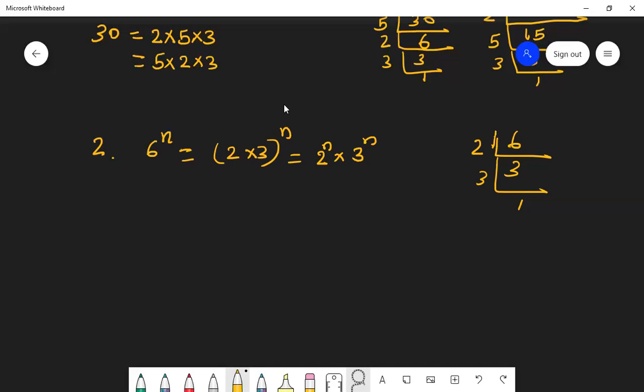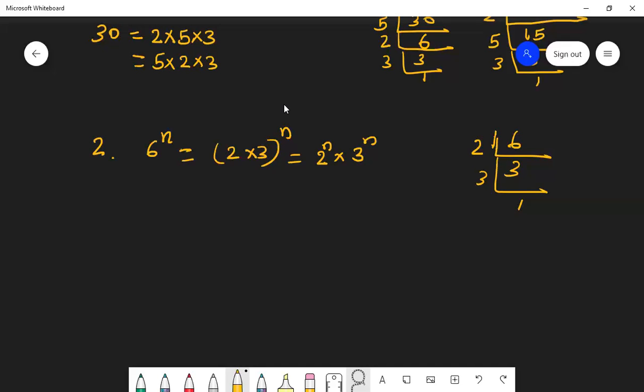We have the prime factors 2 and 3. One factor is missing, 5. If any number ends with 0, it must have two factors, 2 and 5. We can have more factors, but compulsorily 2 and 5 must be factors. Otherwise, it will not end with 0.